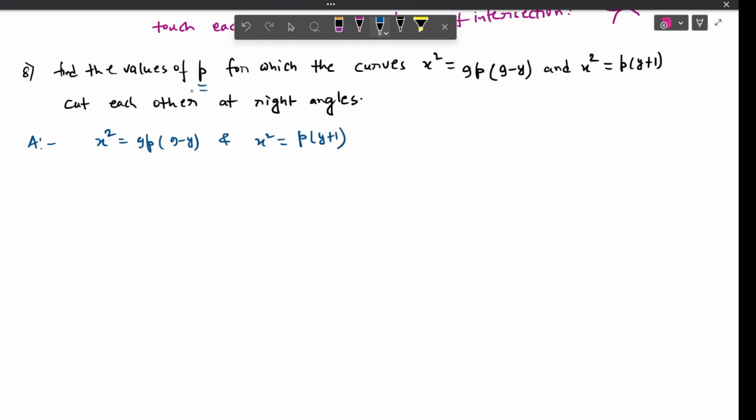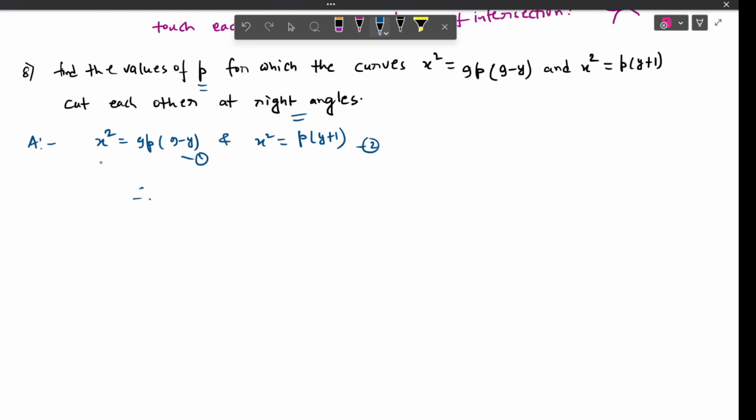We have to find the value of p, for which these two curves will cut each other at right angle, right? So first of all we need the intersecting point, right? So if we need the intersecting point, then we have to solve these two equations.